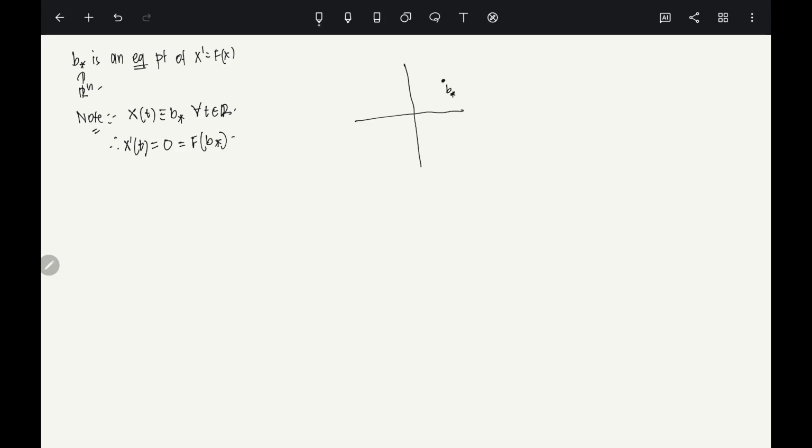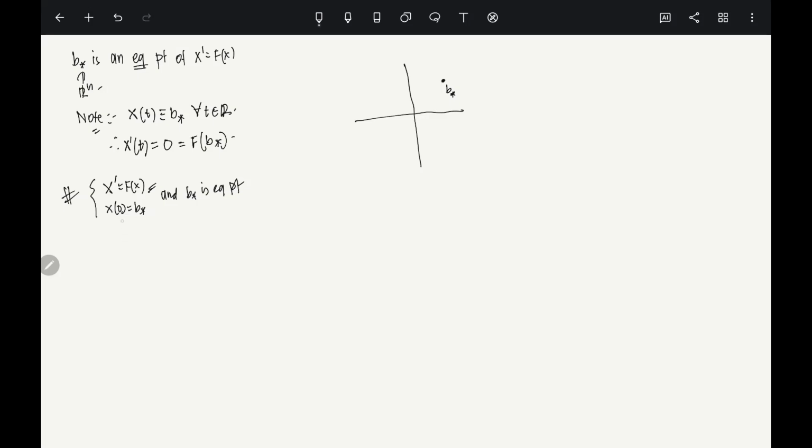See this equation, x prime equals f of x, and x0 equals B star, where B star is the equilibrium point. The first thing, x prime equals f of x, is talking about the rule according to which the particle moves. A particle is moving, right?